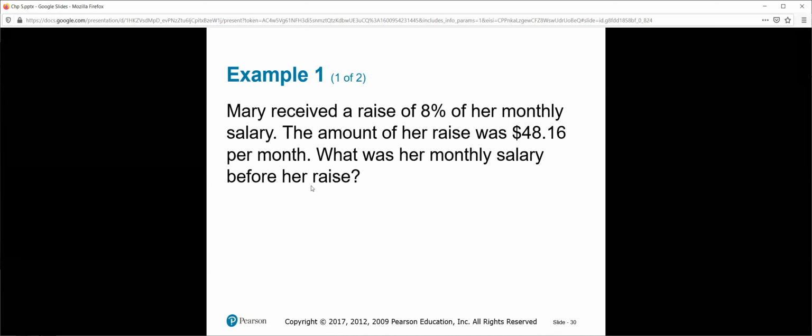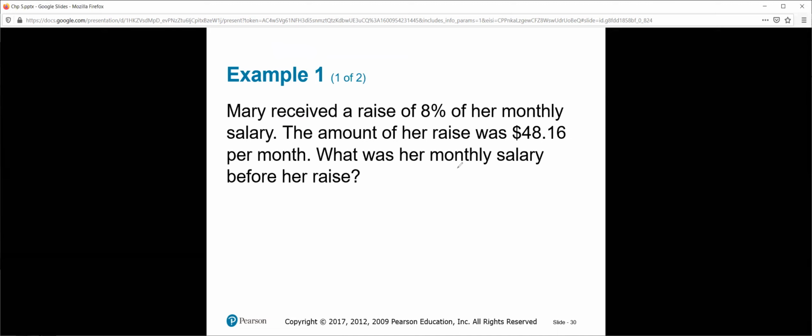Example 1, Mary received an 8% raise of her monthly salary. Go Mary. The amount of her raise was $48.16 per month. What was her monthly salary before the raise? Ooh, fun, right? What we need to do here is realize what type of question this is.